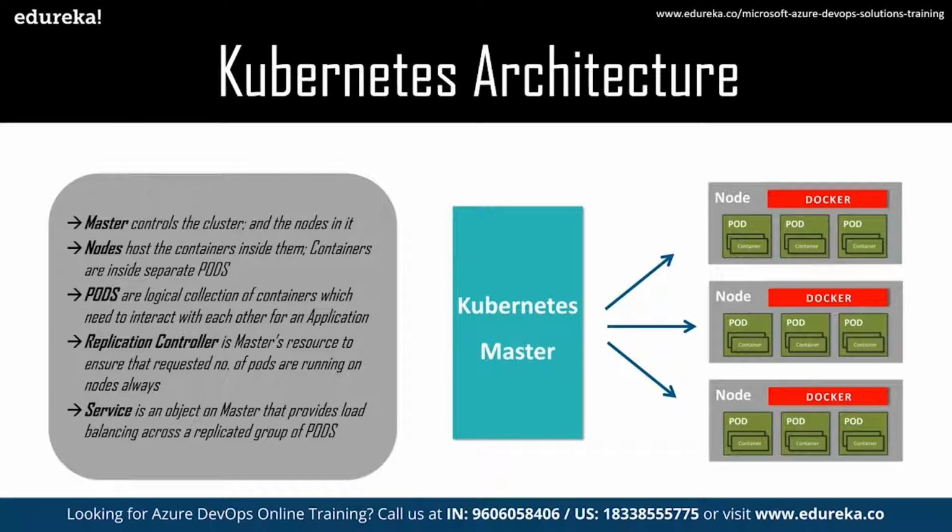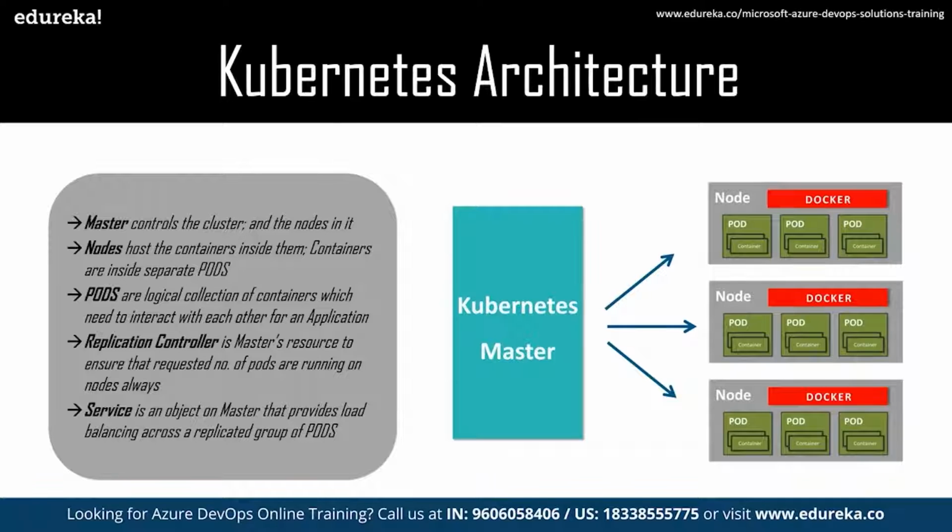Now, let me try and make sense of these two terms by first explaining what your nodes and pods are. Your nodes are your worker nodes, which would be holding your application. In this case, your node can hold more than one application. What we do is we basically classify our worker nodes into pods. Pods are sub-entities.